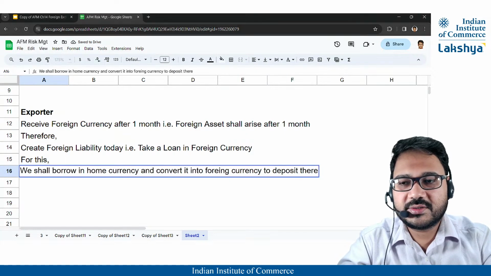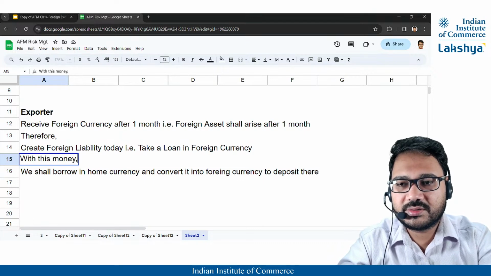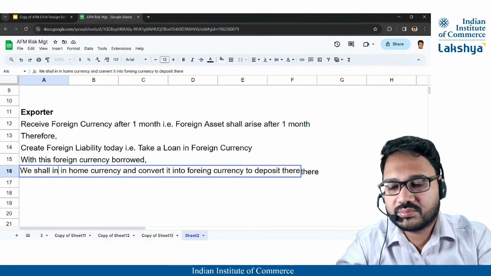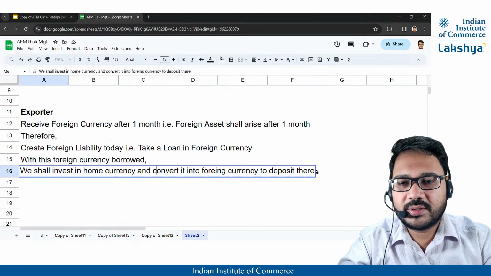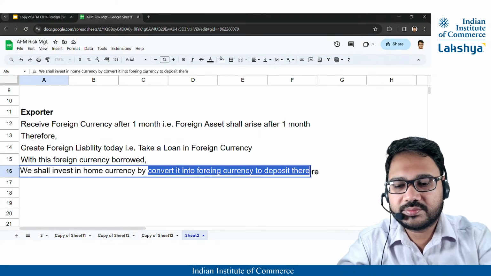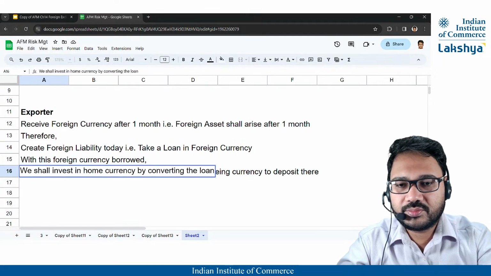With this foreign currency borrowed, we shall invest in home currency by converting the borrowed foreign currency.